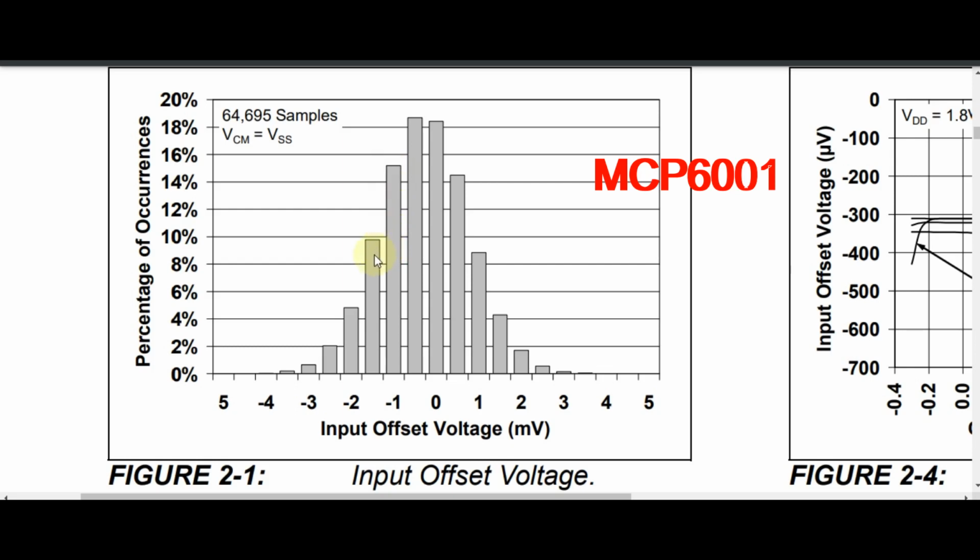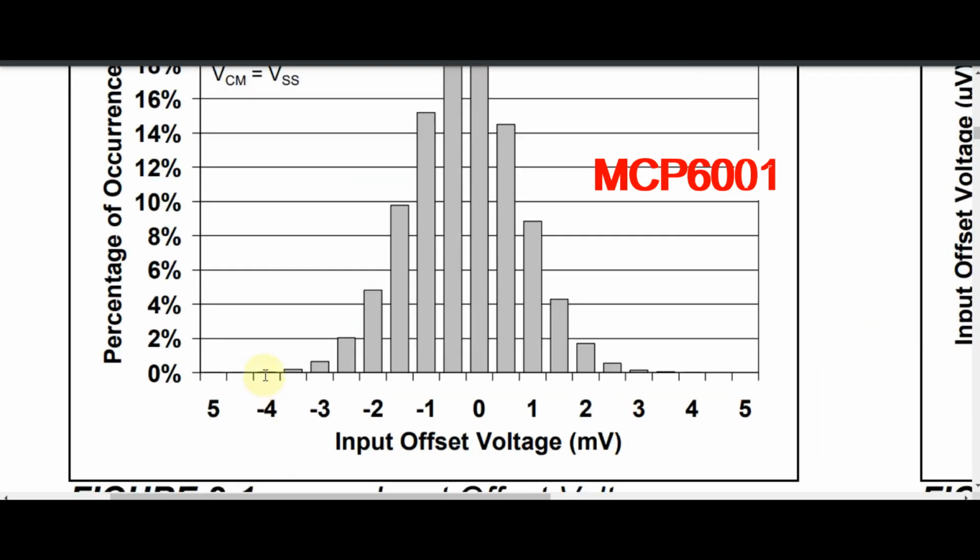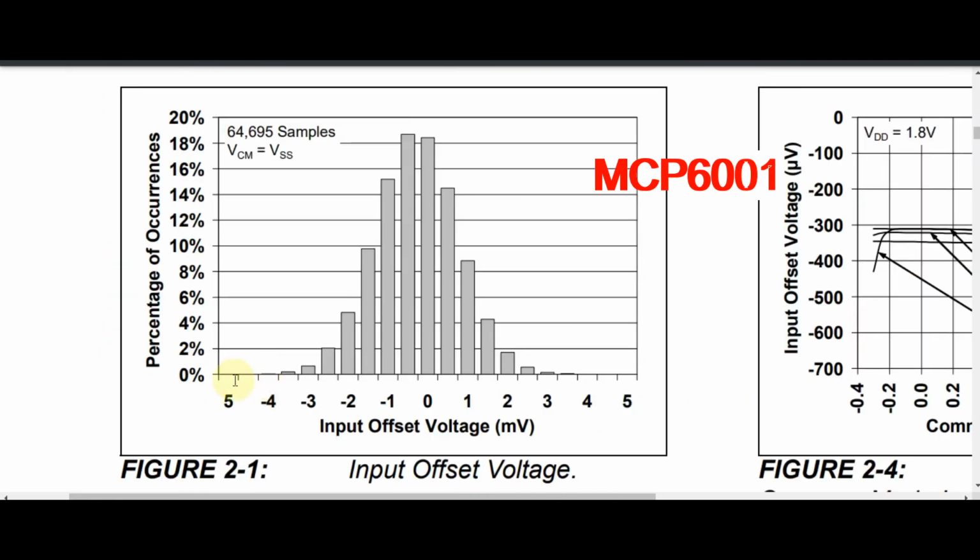At minus 1.5, 10% of samples fall. Around minus 3.5, 0.1 or 0.2% of samples fall under this offset voltage. This is minus 4, and if you zoom in, you can see some samples also fall at minus 4 millivolt offset voltage.